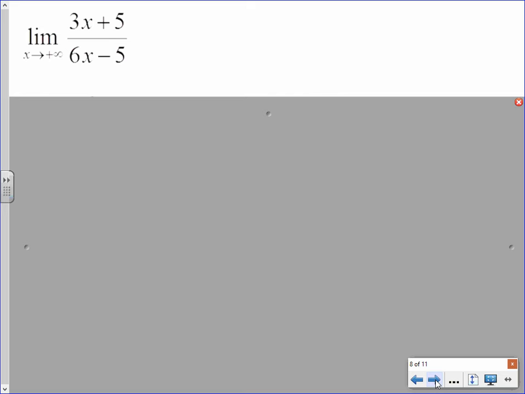So our degrees are the same, which means we look at the numerator and denominator leading coefficients. So our leading coefficients are 3 over 6, which means our horizontal asymptote is at 1/2. So our limit towards infinity is 1/2 because that's where our horizontal asymptote is.